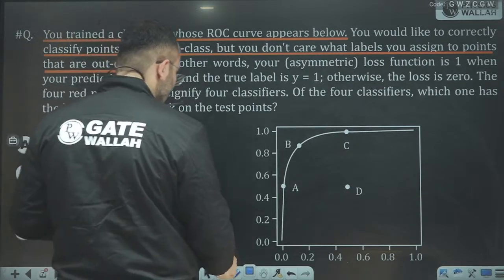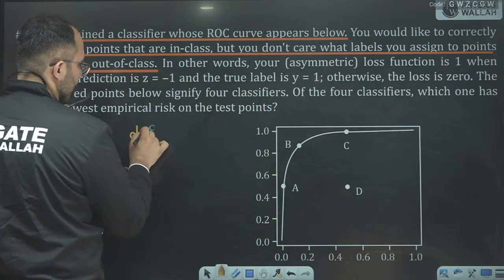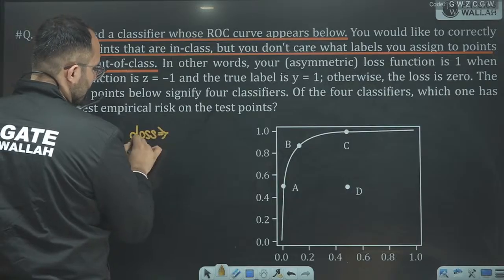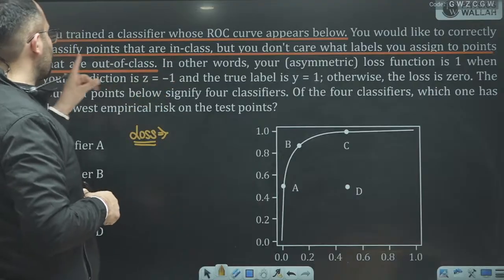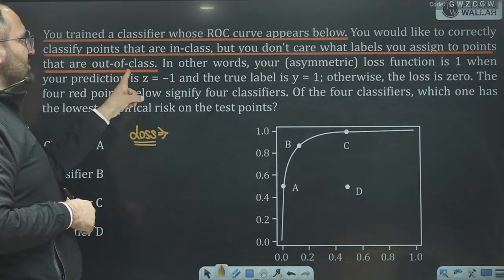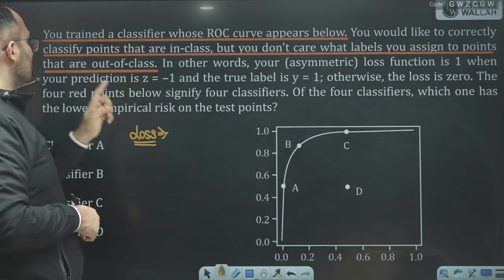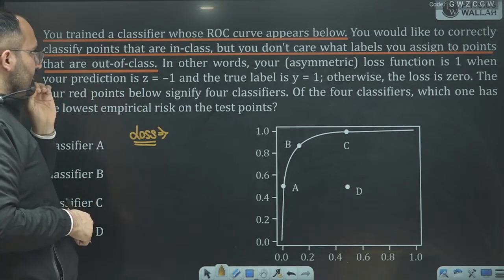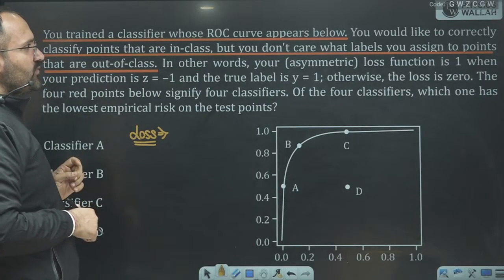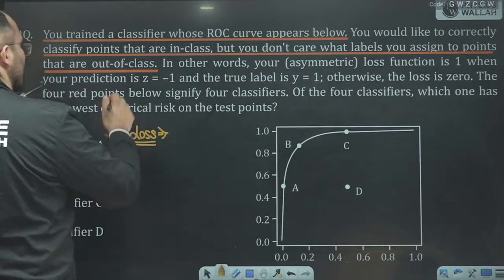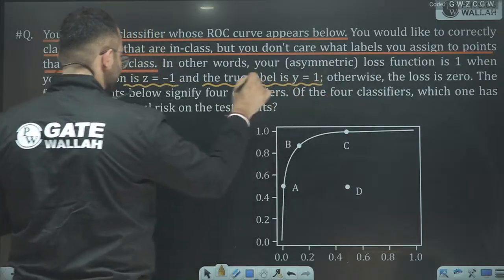So first of all, we have to understand what the loss is for us. You would like to correctly classify a point that is in class, but you don't care what label you assign to the points that are out of class. In other words, your loss function is 1 when your prediction is -1 and the true label is y equal to 1.